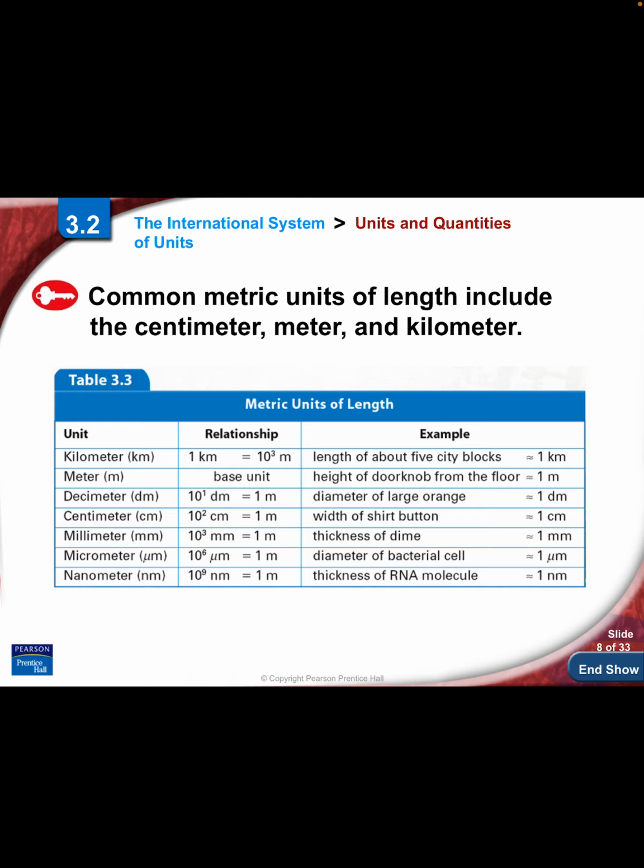If I want to say how far it is to Little Rock, and I don't want to tell somebody it's 116,000 meters, I use the kilometer, which is 1,000 meters. And, of course, for very small measurements, it wouldn't be very practical to use meters, because then I would have to start using negative exponents or many zeros in my fractions.